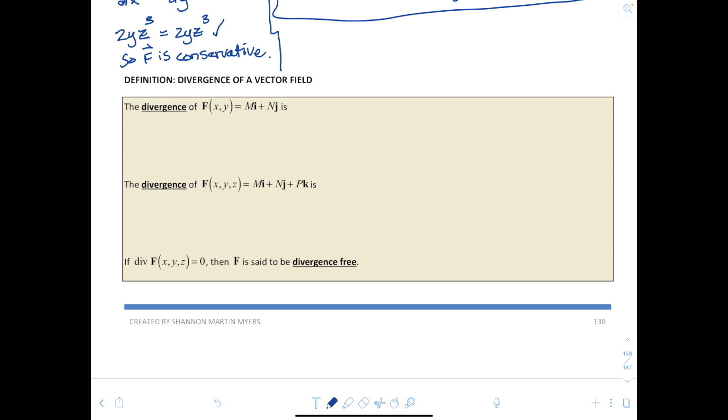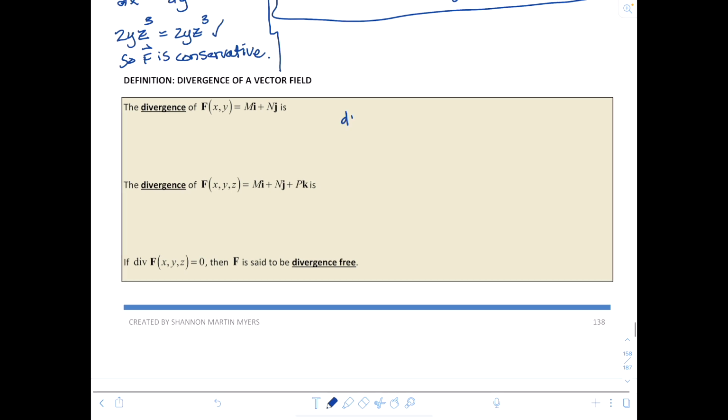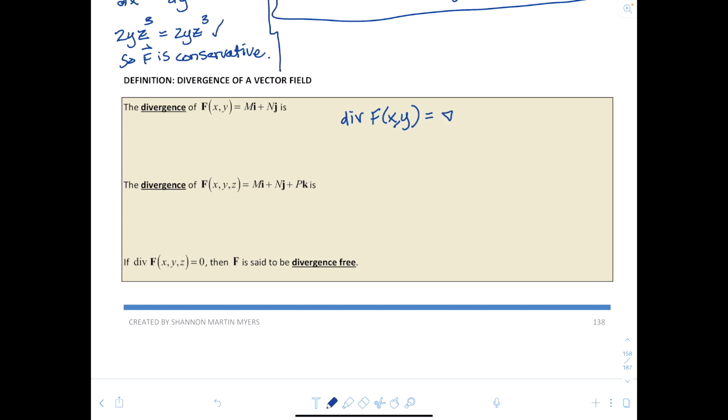So the divergence of f at x and y equal to mi plus nj is denoted divergence f, so div f x and y is equal to that, differential operator dot the vector field f at x and y. Sorry, this is a vector. And that is dm dx plus dn dy.